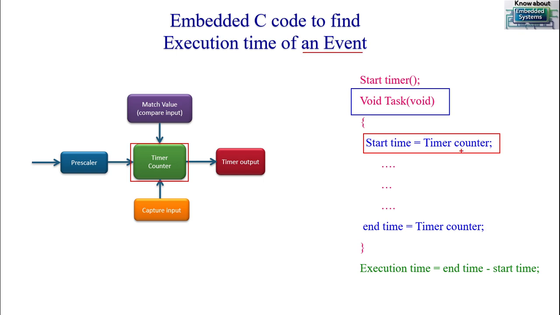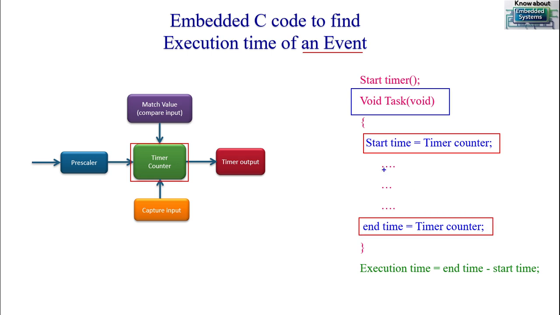So we have to capture the time here. I'm going to capture the starting time of a task or starting time of your event, and it goes on executing. Your processor will go on executing, and before completing the task we have to capture the end time.